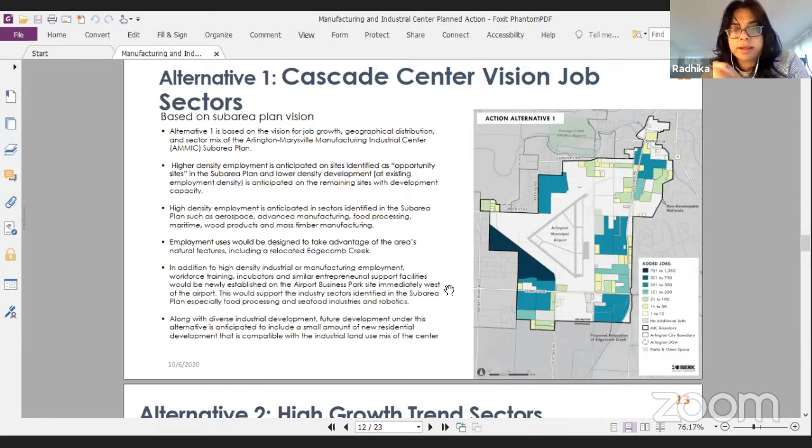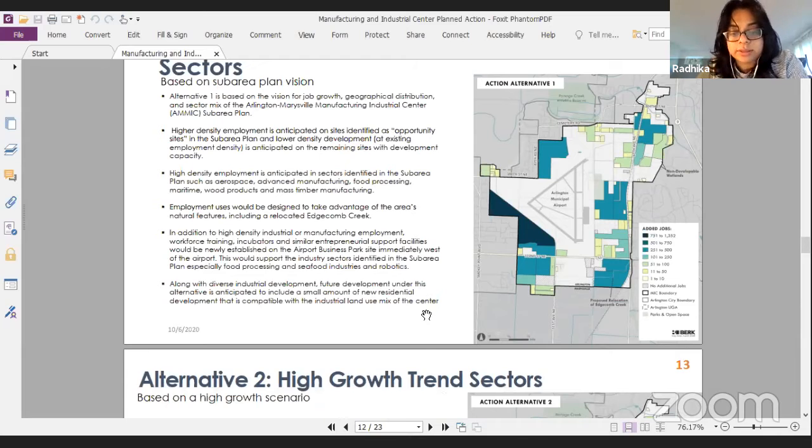I'll talk a bit about the number of jobs and housing differences in a subsequent slide, but this alternative is the medium growth alternative in terms of jobs and does assume an addition of about 6,000 net jobs.